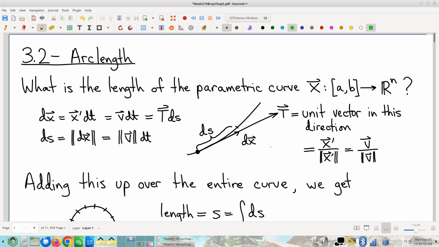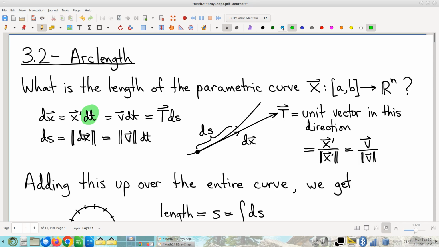And let's consider some little part of the curve, just a little bitty piece of it, not the whole thing. What can we say about this little piece of the curve? Well, that piece of the curve, I'm going to say, is traced out in some amount of time dt.